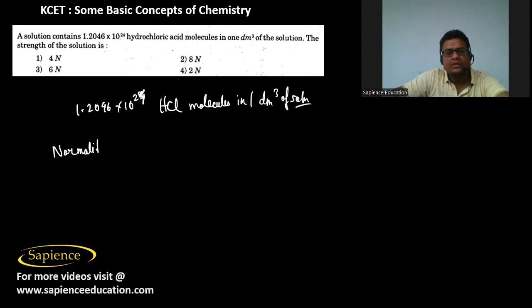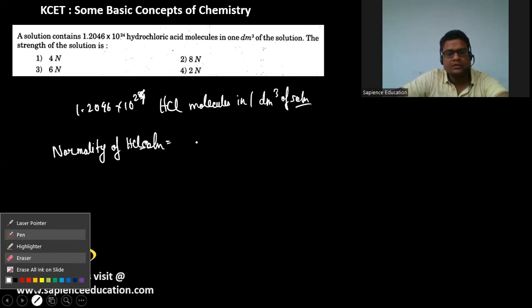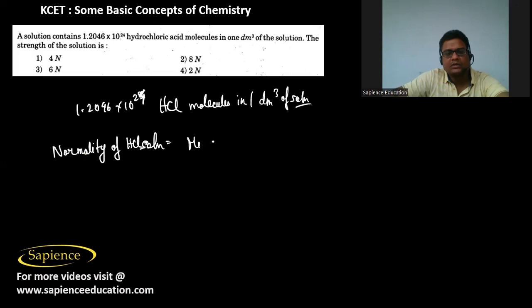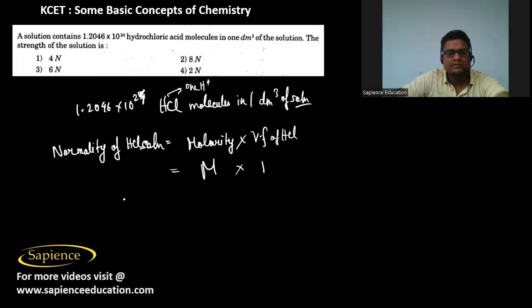As we know, the normality of the HCl solution is equal to the molarity of the HCl solution times the valency factor of HCl. Now the valency factor of HCl is 1 only, since it will give only one H plus ion. So the valency factor is 1, and the molarity of HCl we have to find.